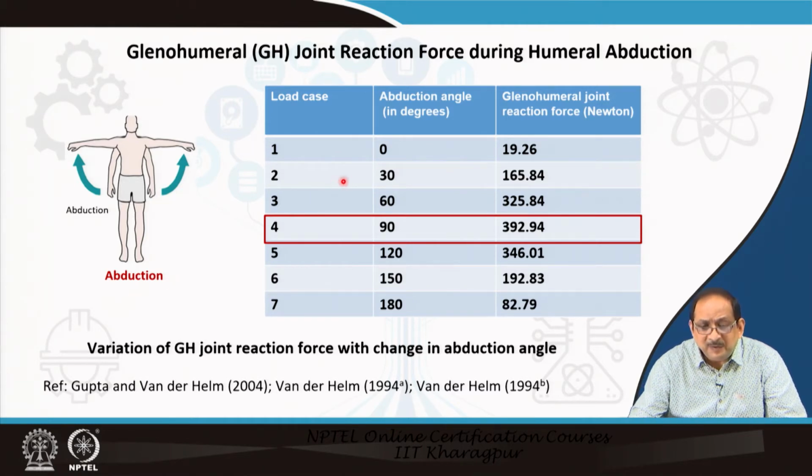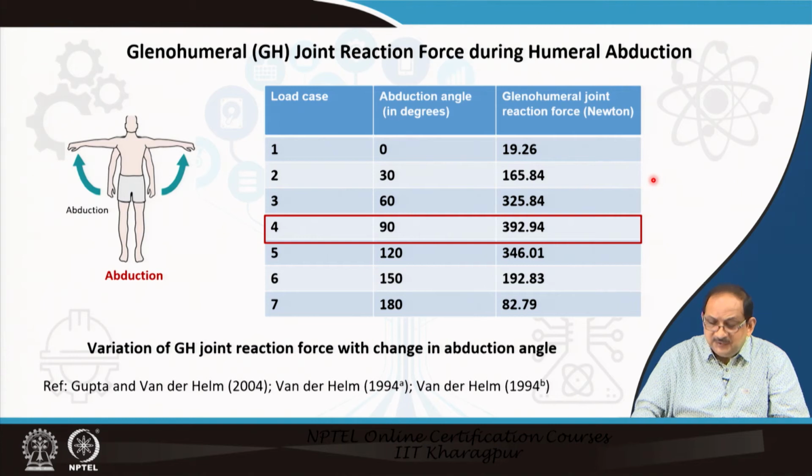For different abduction angles starting from 0 degrees, 30, 60, 90, 120 till 180, we have the corresponding glenohumeral joint reaction forces. It is clearly visible that for 90-degree abduction, the glenohumeral joint reaction force is maximum, which is about 400 newtons, approximately 40 kgs.